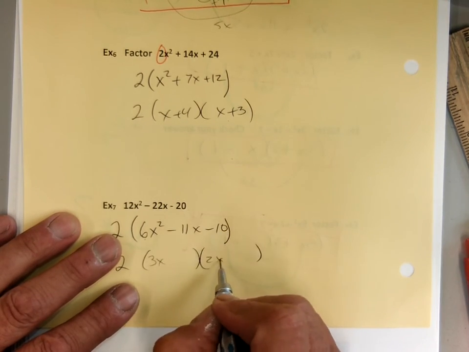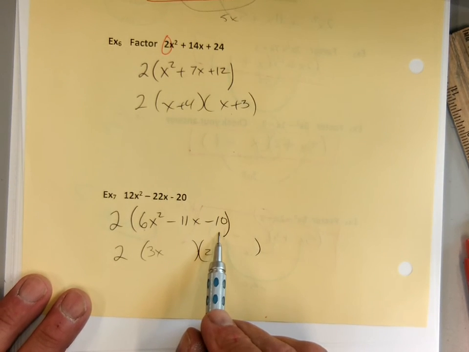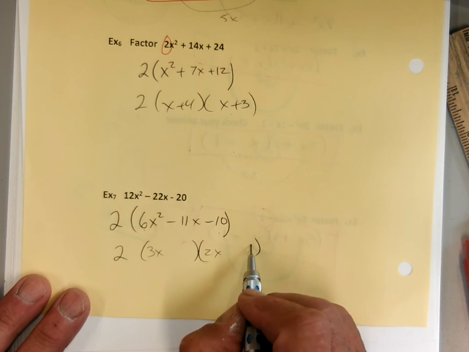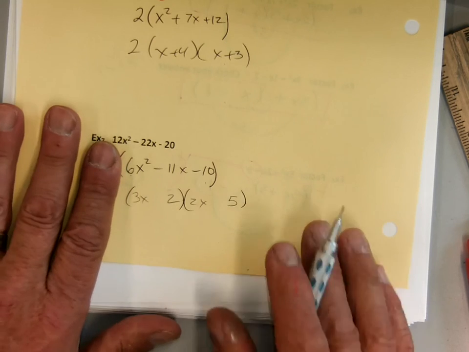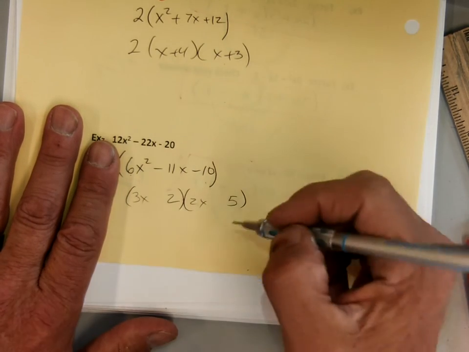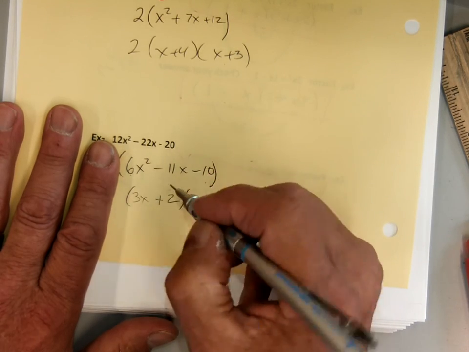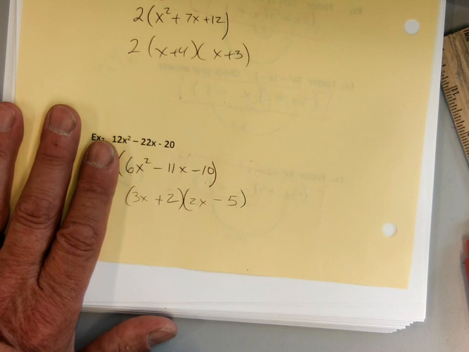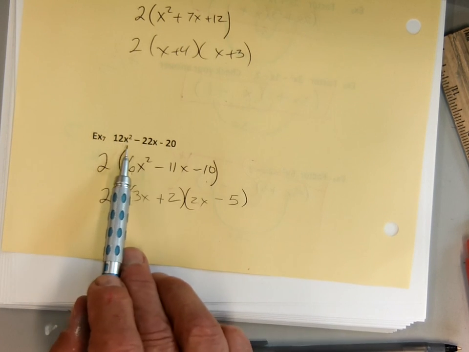How do I make a 10? Probably 5 and 2. And I think if I put the 5 here and the 2 here, see if I'll get an 11. You guys see how you can get 11? I need a negative 11. Nice job. Who said that? Good. Totally right. Don't forget the 2 is still part of the problem because we took the 2 out.